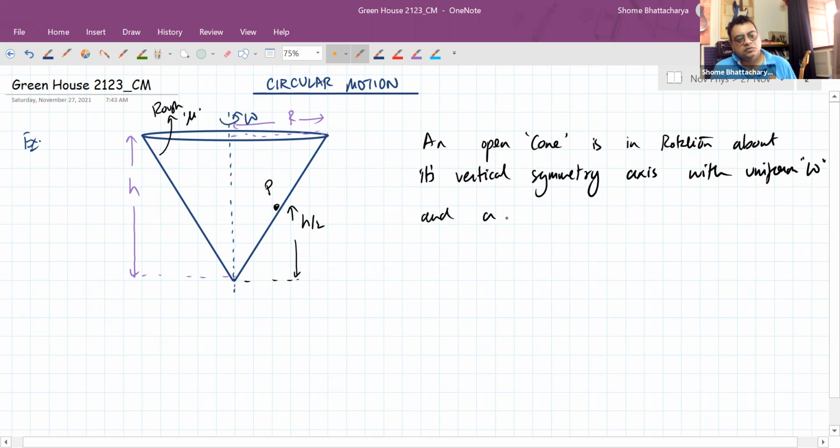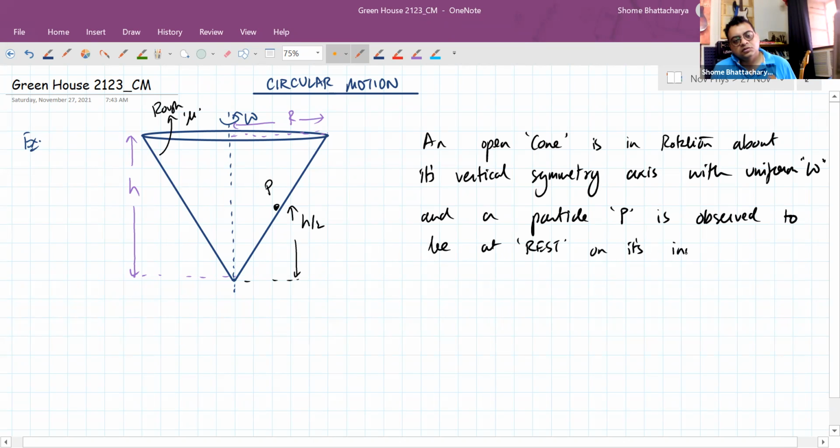and a particle P. It's observed to be at rest on its inner surface as shown.